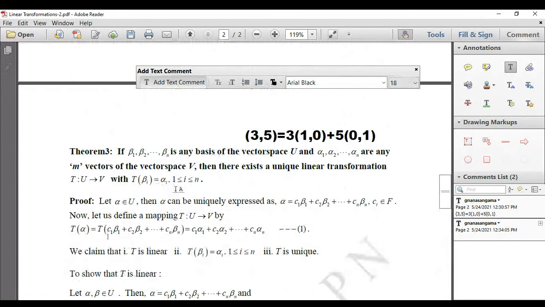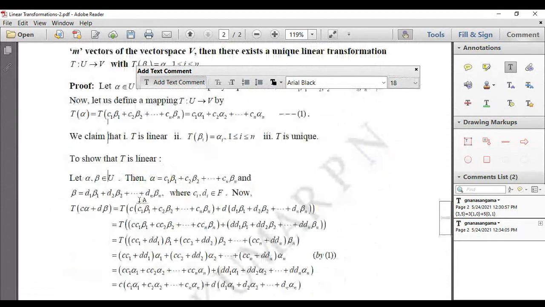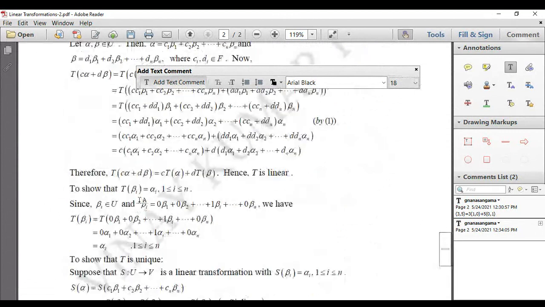Now, lastly, what remains is that we have to show that this mapping is unique. Unique means there exists only one such linear transformation from U to V which maps basis vectors of U with vectors of V. How to prove uniqueness? Let us assume that it is not unique. That means there exist two such linear transformations.